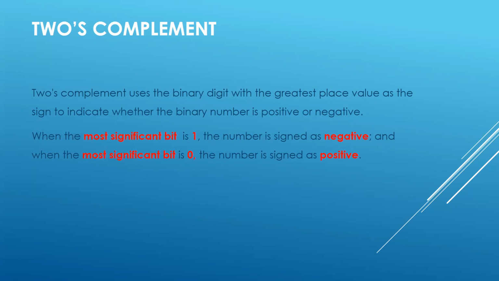Whenever we are given a signed value, we are going to treat our most significant bit, which if you remember was your extreme left value, differently. It will not be storing the data as such. It will now be used to store the value 1 in case your number is a negative number, and the same MSB is going to hold the value 0 in case the number is a positive number.